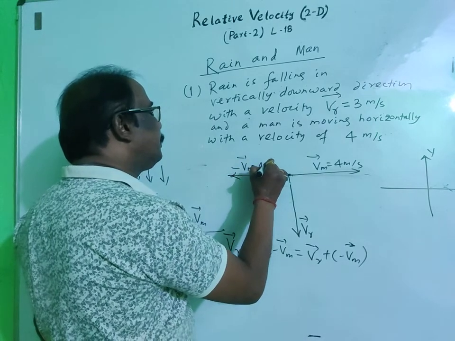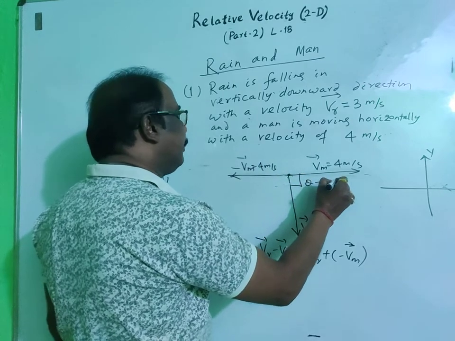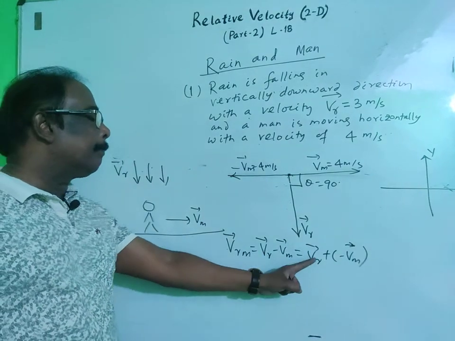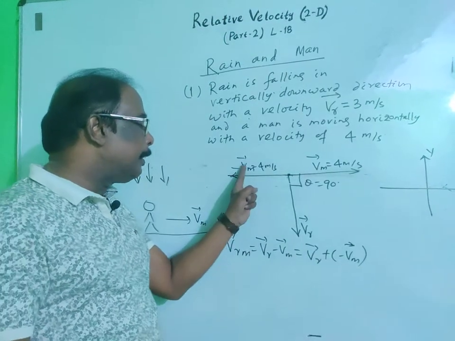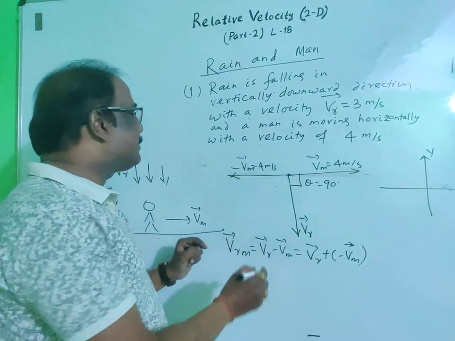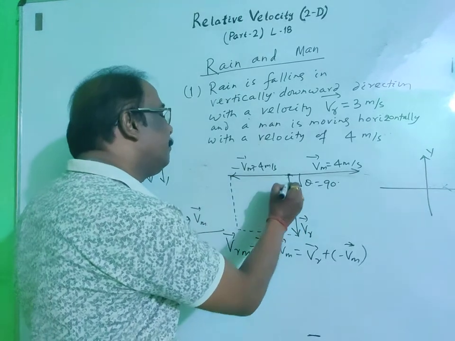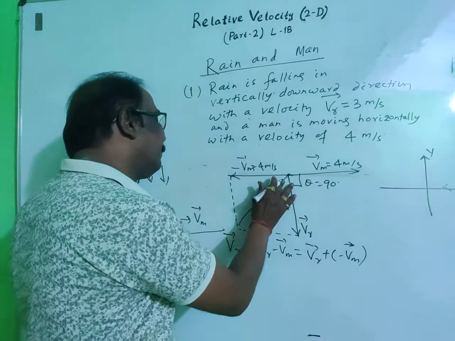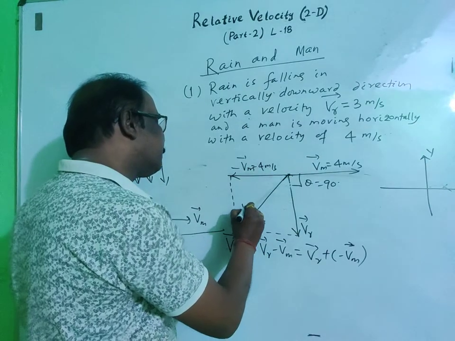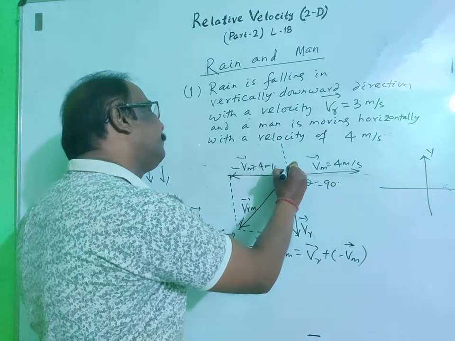This is also 4 meter per second, and this angle theta is 90 degree. Then we have to get the resultant of Vr plus minus Vm. This is minus Vm, this is Vr, and these two are along two adjacent sides of a parallelogram. Then this diagonal represents R.